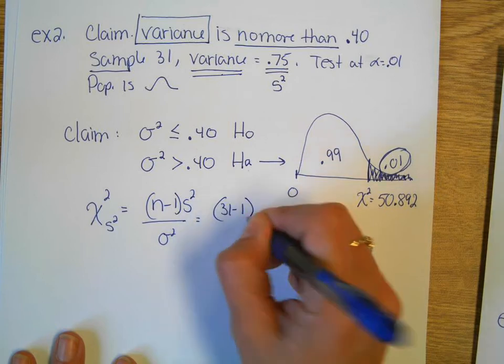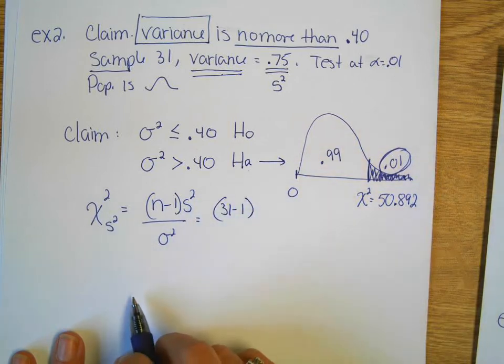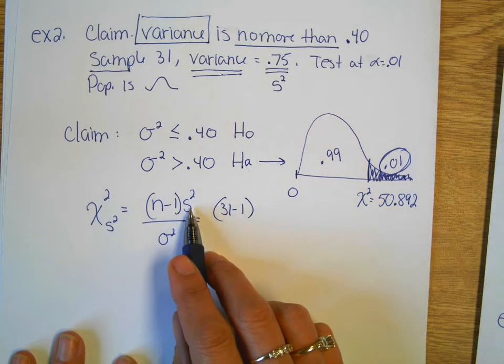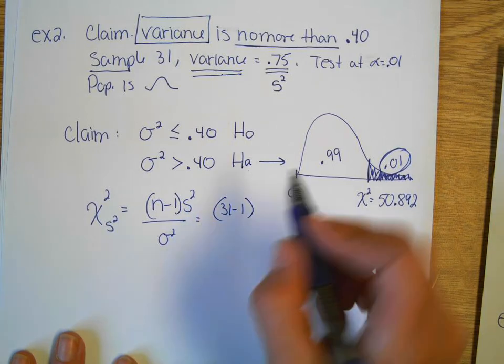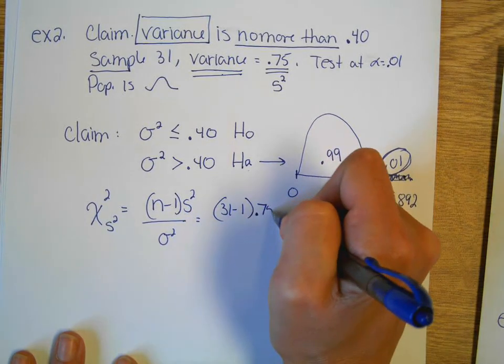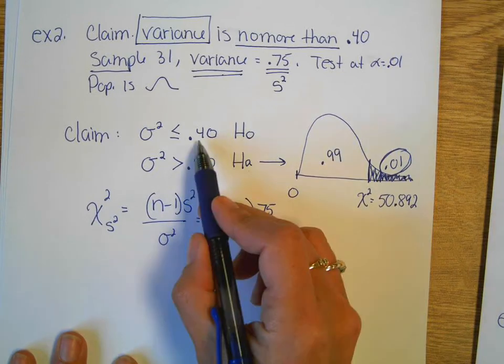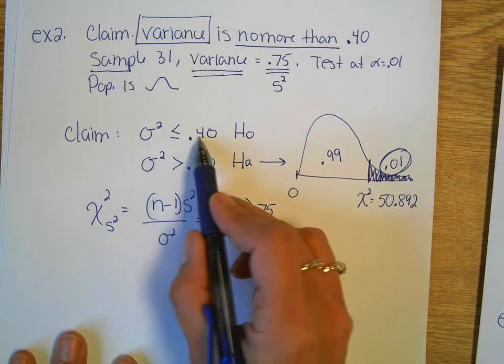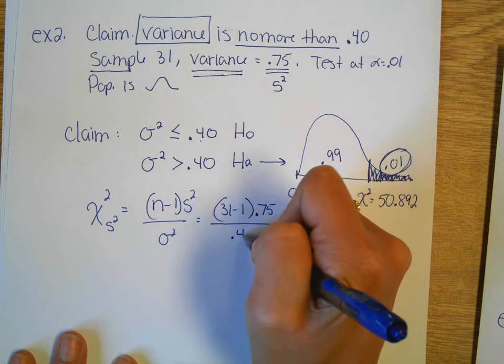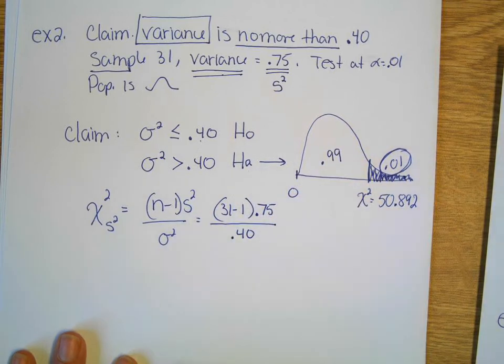Minus 1, all times 0.75. 0.75 is S squared, do we agree? So no need to square it again. And then over, do we know sigma squared? 0.40, sigma squared in the H0 and the Ha. So don't square them again. They're already squared.